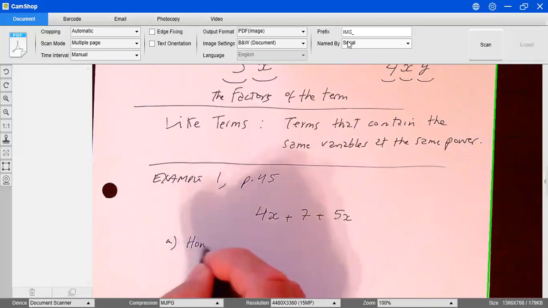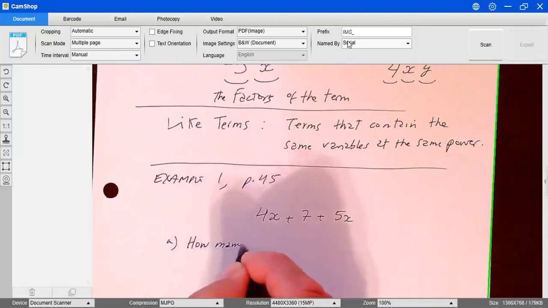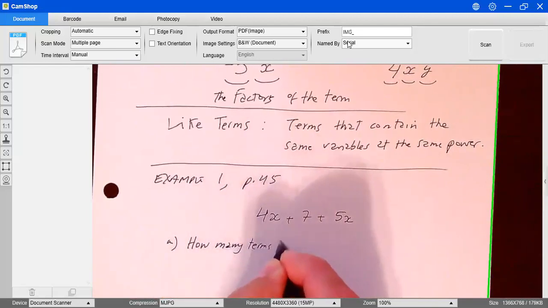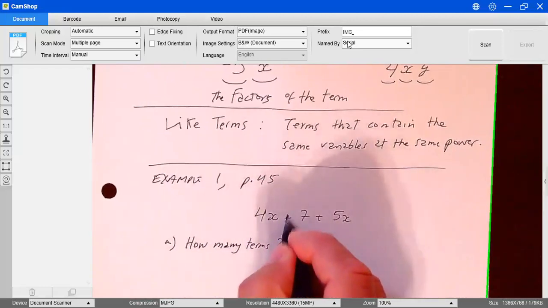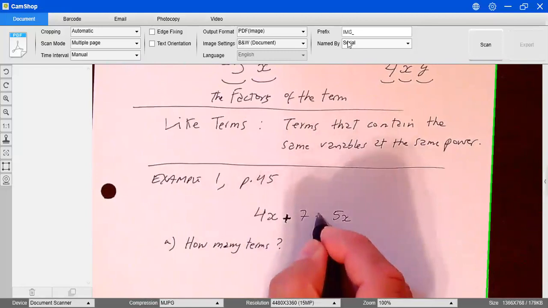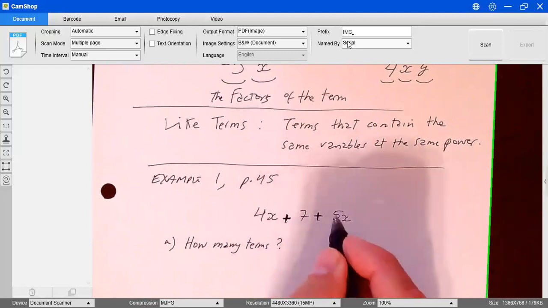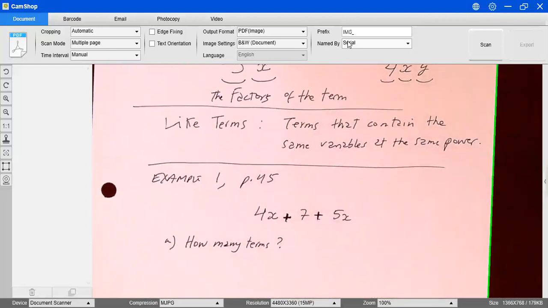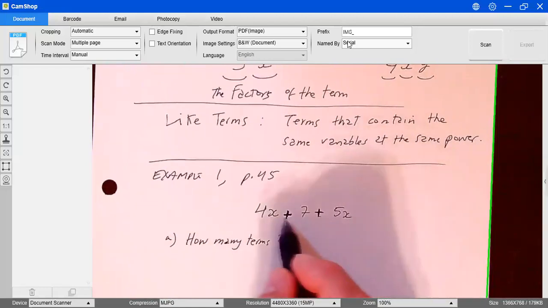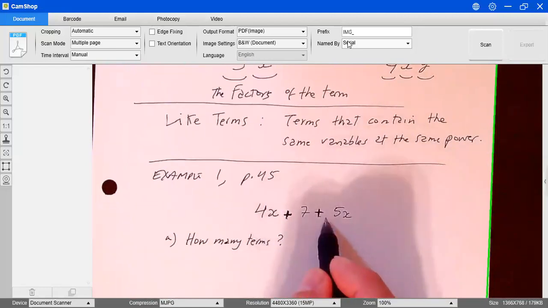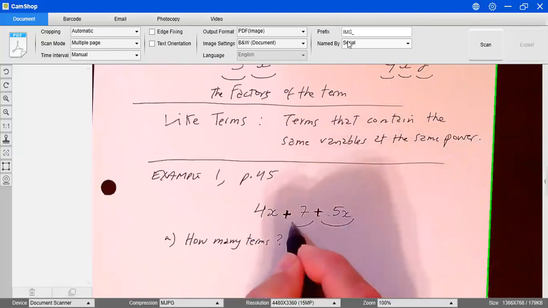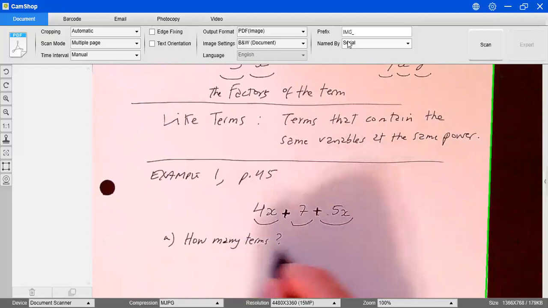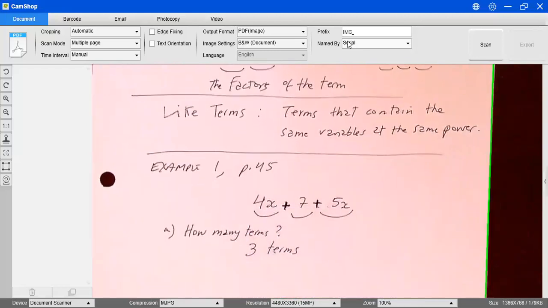So you need to check the pluses or minuses to identify the boundaries of the terms. So here, what is in between is just 7, then to the right we have 5x, so this is one term, another term, another term, so the answer is 3 terms.